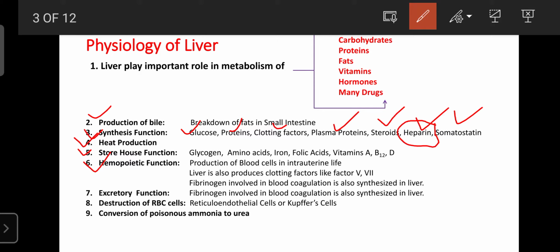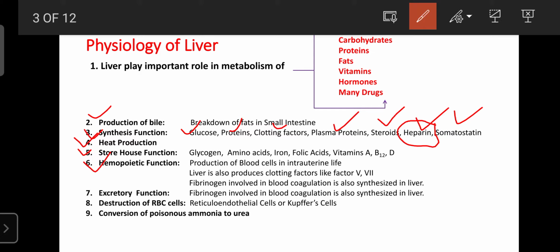In intrauterine life, when the baby is in the womb, between 3 to 4 months, where the bones are not developed very well and the RBCs are not matured, the blood cells are still synthesized in the liver, or the spleen or thymus gland. These are the various glands involved in the production of blood cells.